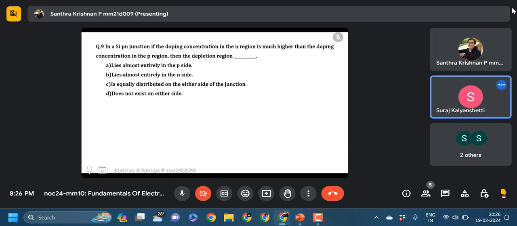In a silicon PN junction, if the doping concentration in the N region is much higher than the doping concentration in the P region, then the depletion region is inversely proportional, right?